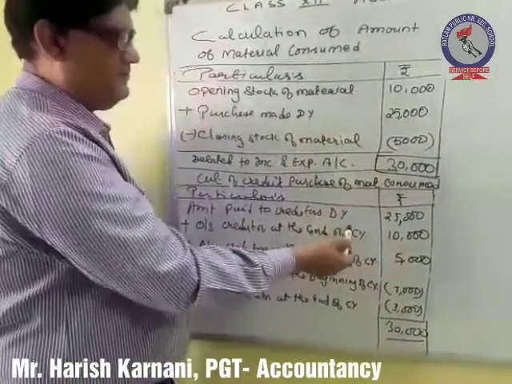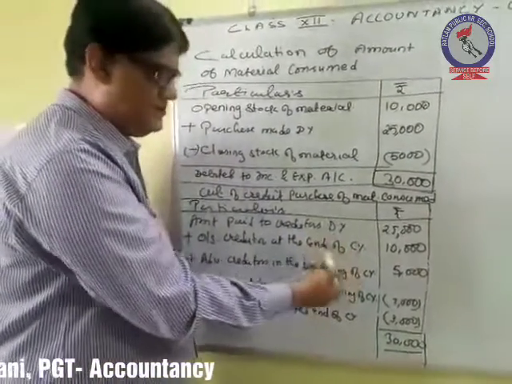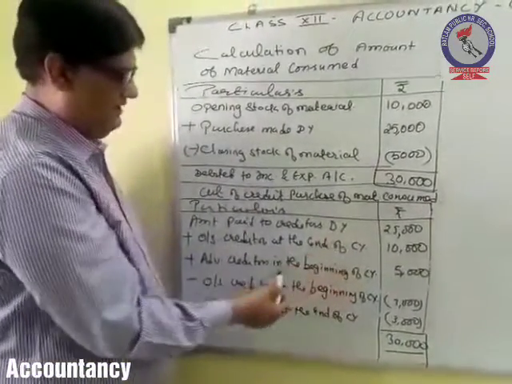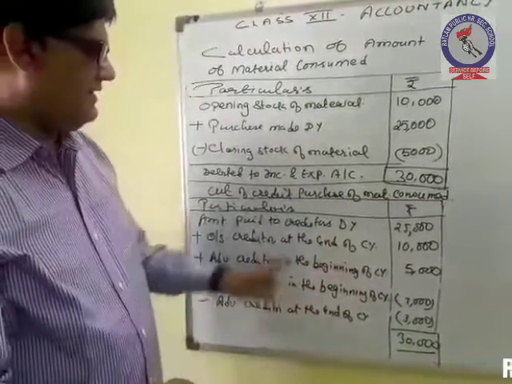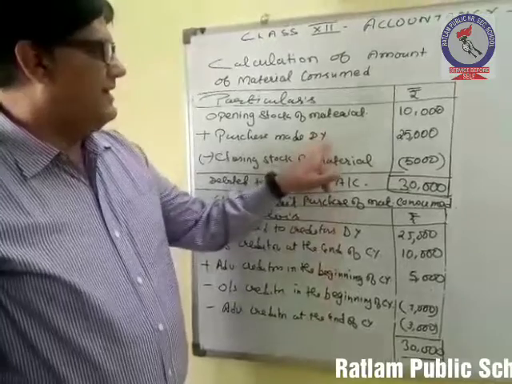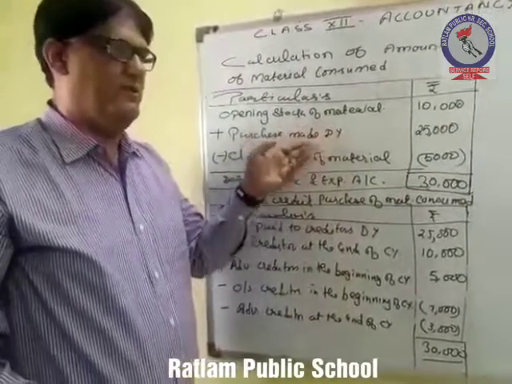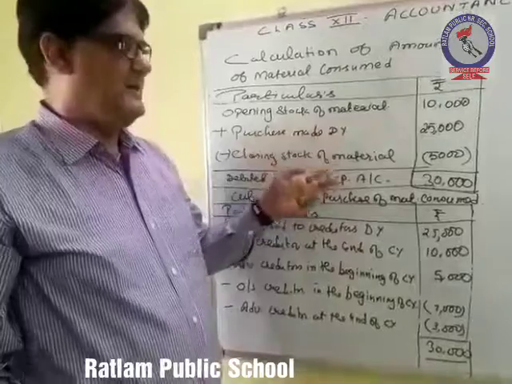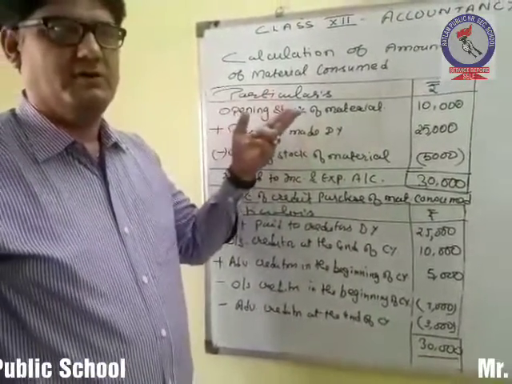If the creditors for sports material or any other medicine or item consumed is given, we first have to see how much is the amount of the credit purchase. So we have to find that first, and then add this amount to the cash purchase, and then add opening stock and less closing stock.